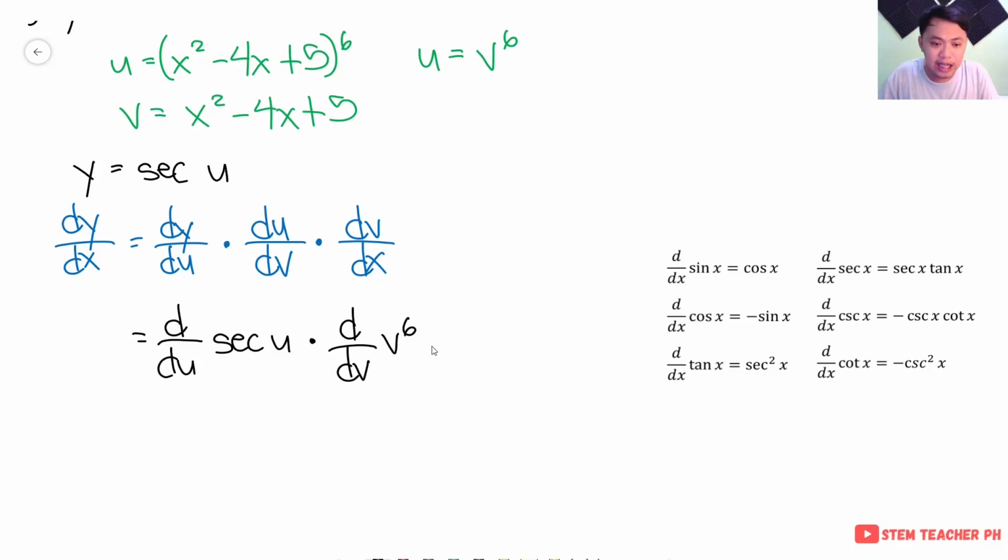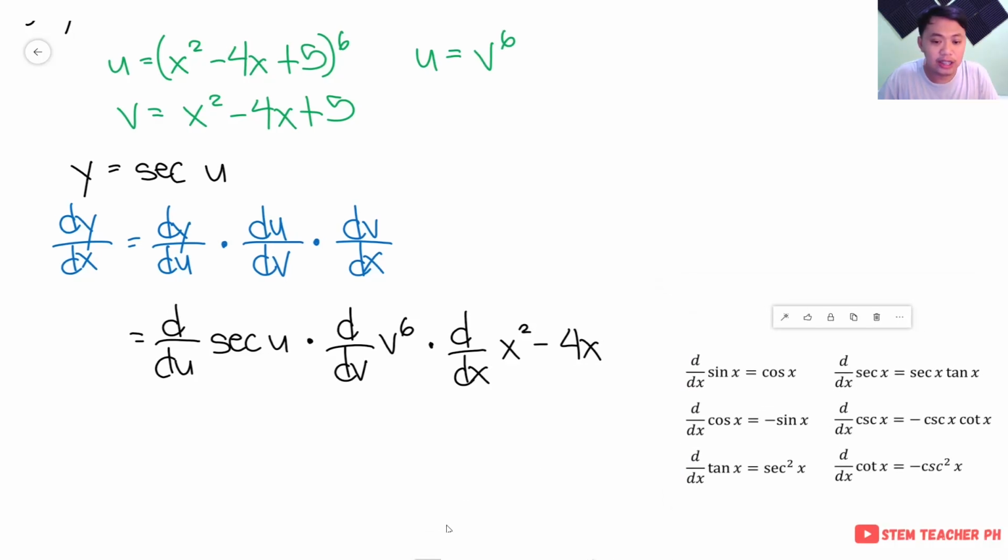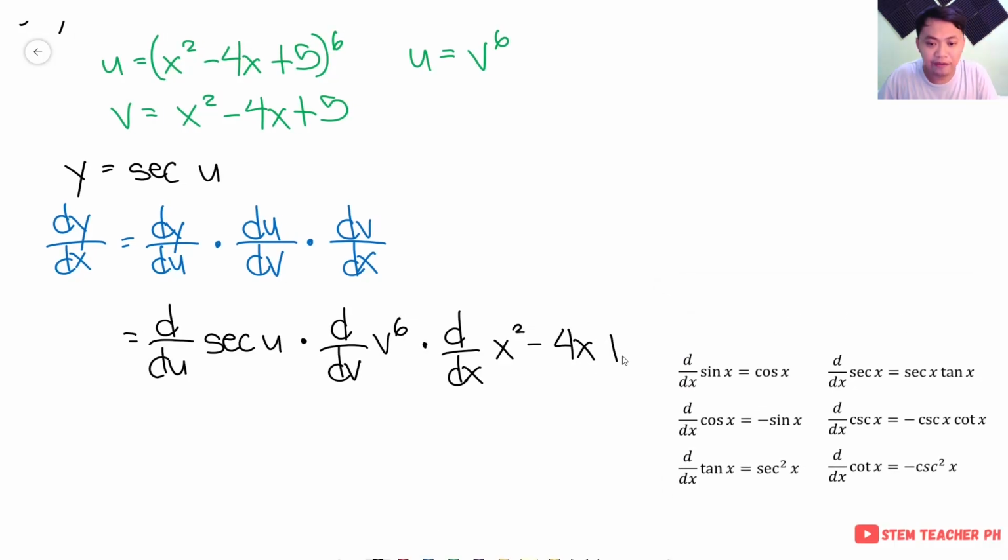And then lastly, kuhanin yung derivative with respect to x nung v, that is x squared minus 4x. Usod natin to sa baba para meron tayong space. So this is 4x plus 5. Now that we are done here, perform na lang tayo ng differentiation.